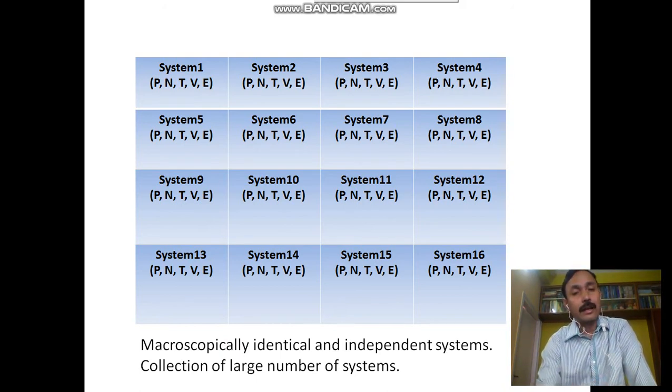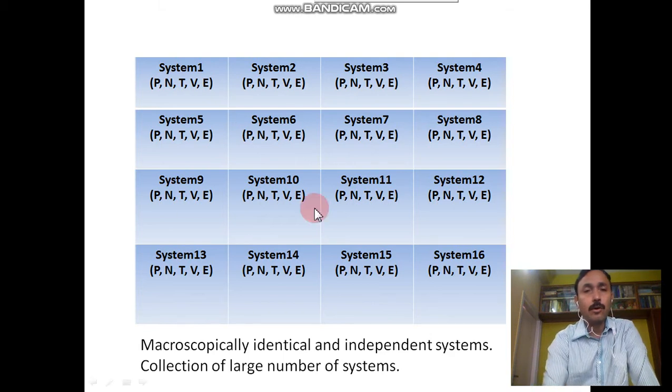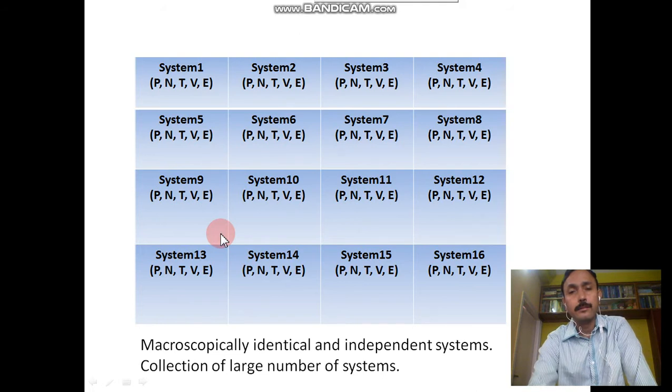It is a collection of a large number of systems. Here we have diagrammatically represented the ensemble. The total systems as a whole is known as an ensemble, an assembly of systems.